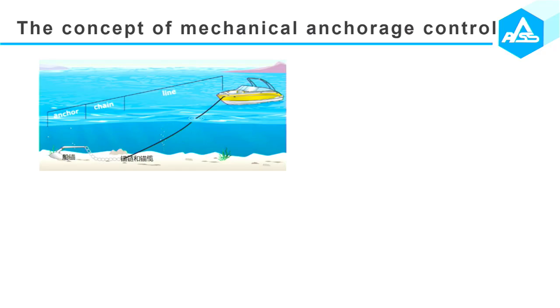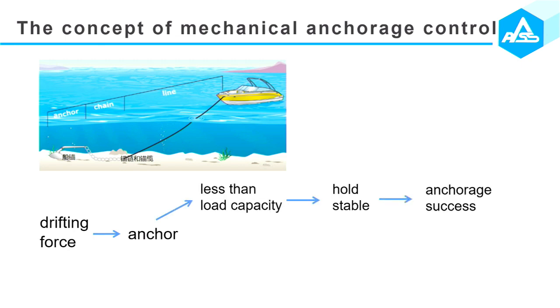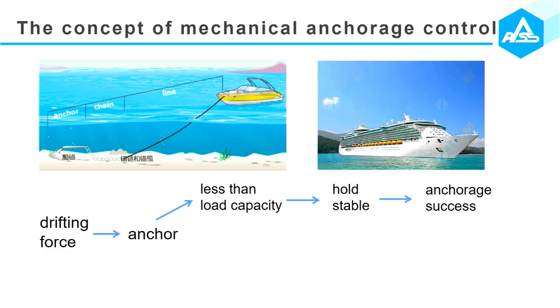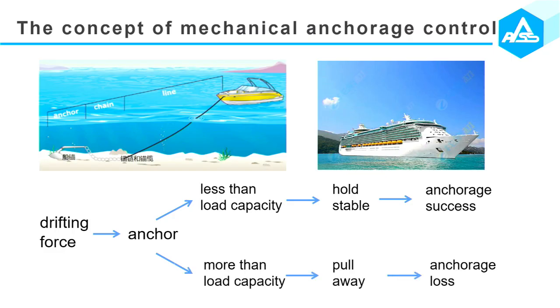If the drifting force of the boat is less than the load capacity of the anchor, then the anchor holds the boat in place, like this. Then we call it anchorage success. But if it's a huge ship like this, it may just pull away the small anchor. Then we call it anchorage loss.